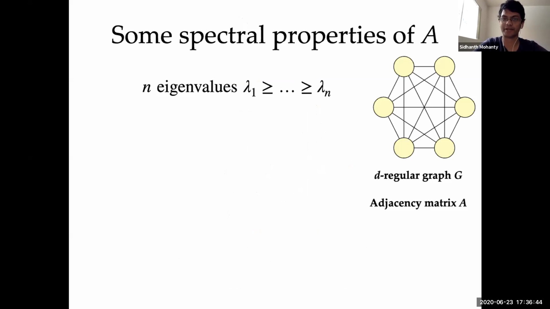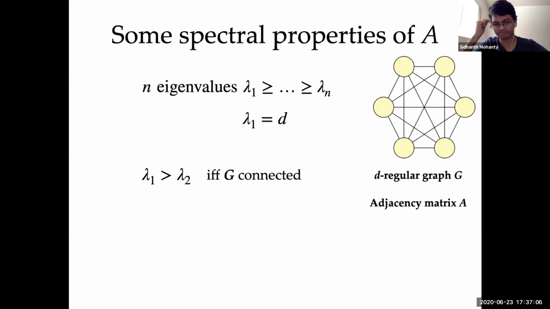It's a real symmetric matrix, so it has n real eigenvalues that we can arrange as lambda 1, lambda 2, down to lambda n in decreasing order. And since it's d-regular, this adjacency matrix has the property that its top eigenvalue, lambda 1, is always equal to d.